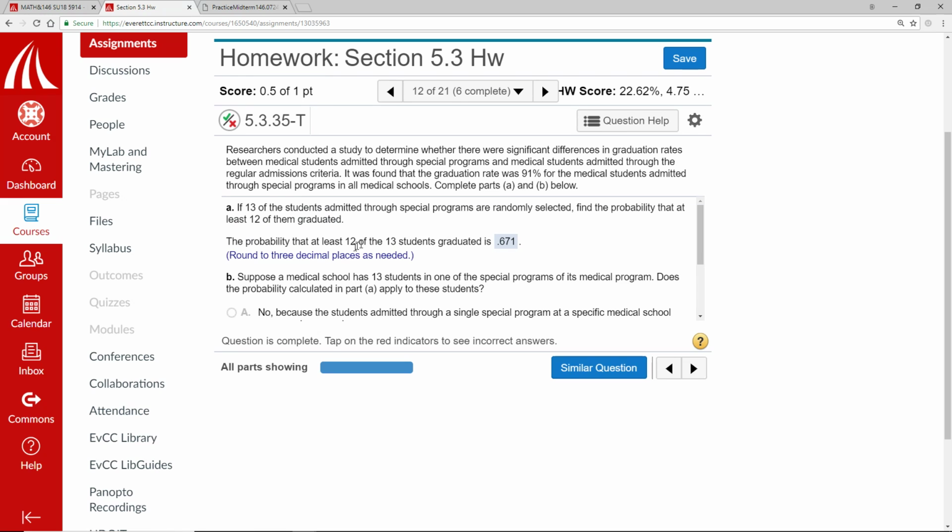Wait a minute. Suppose a medical school has 13 students in one of the special programs. Does the probability calculated in part A?